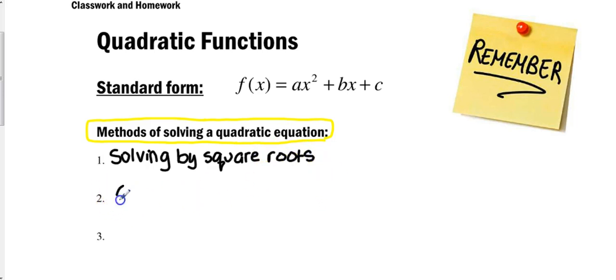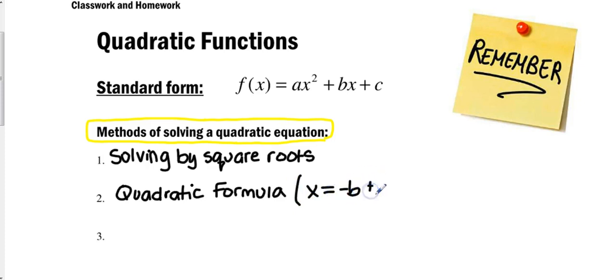Number 2 is the quadratic formula, which, if we remember, is x equals negative b plus or minus the square root of b squared minus 4ac, all divided by 2a.